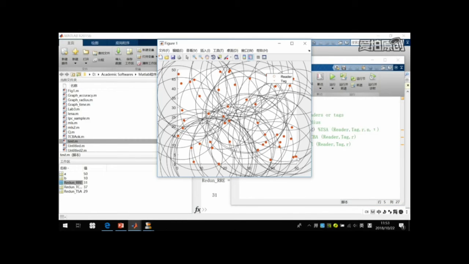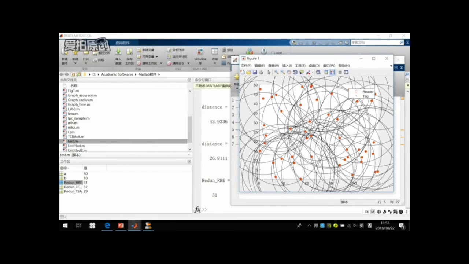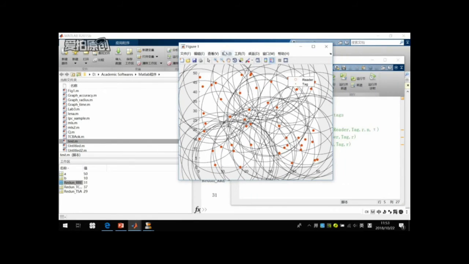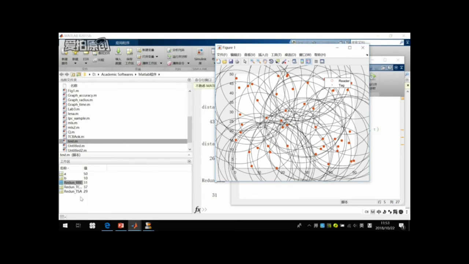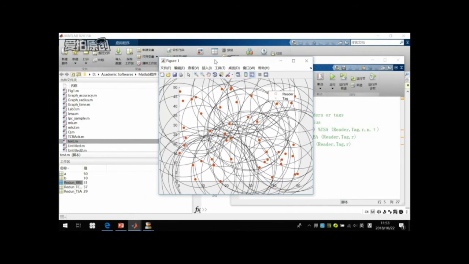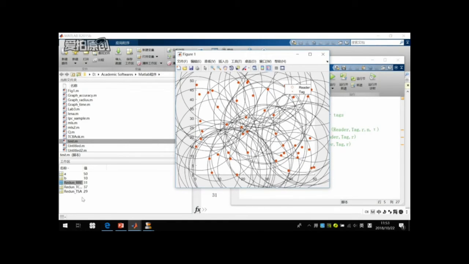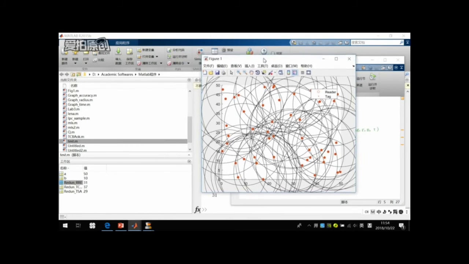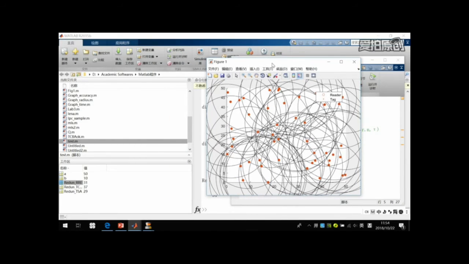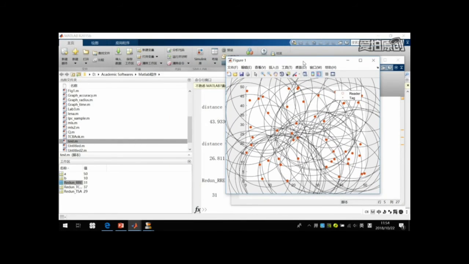Okay, here is the result. As we can see, in this environment, the TCBA can detect more redundant readers, which is 37. The next one is RE. It detects 31 readers. The worst performance is TSA, only 29 readers, which shows TCBA is good in detection accuracy.